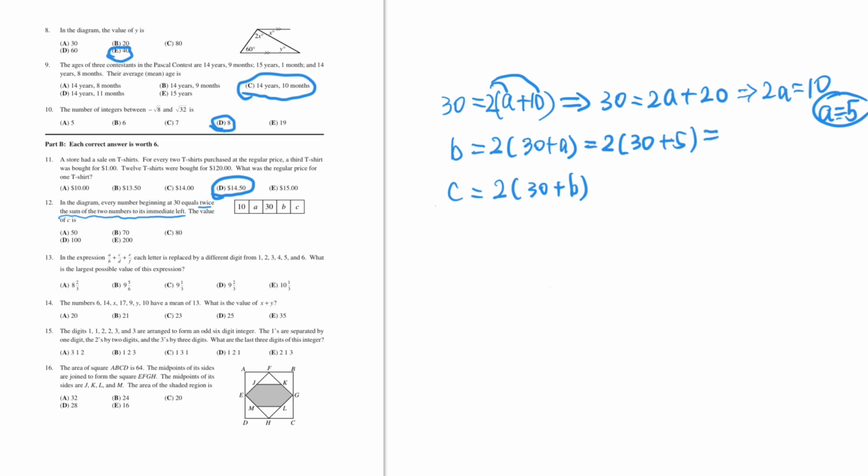That's 35 times 2, 70. And C equals 2 times 30 plus 70. 30 plus 70 is 100. 100 times 2 is 200. Therefore, the answer to 12 is E.